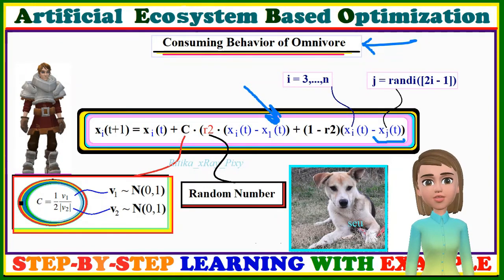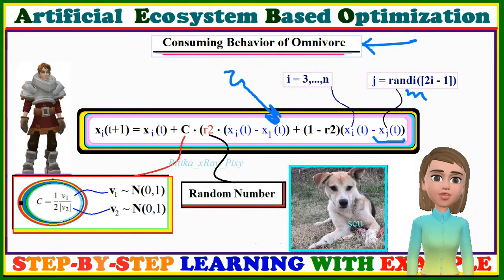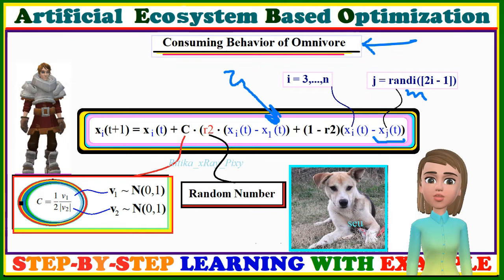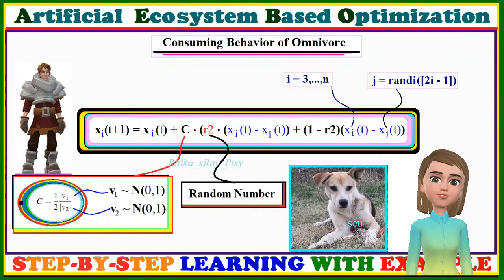Here individuals can randomly choose the consumers, or they can choose the consumer having lower energy.